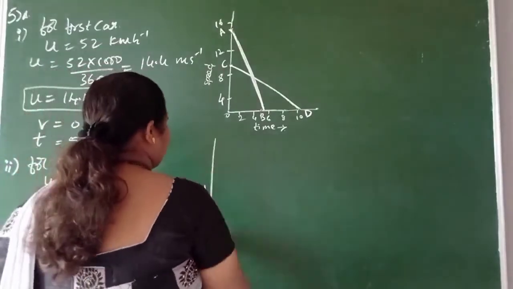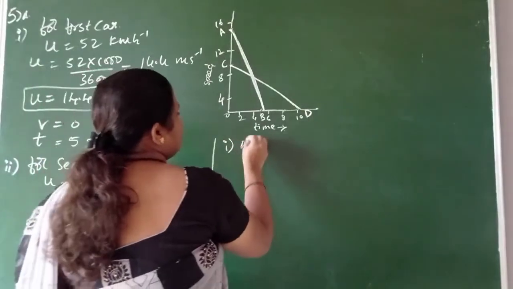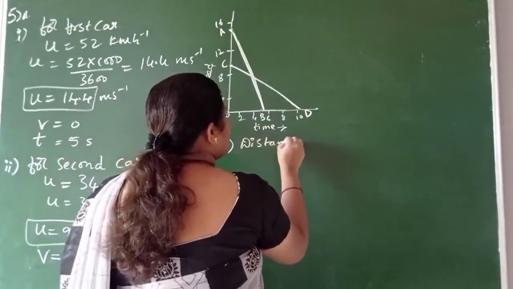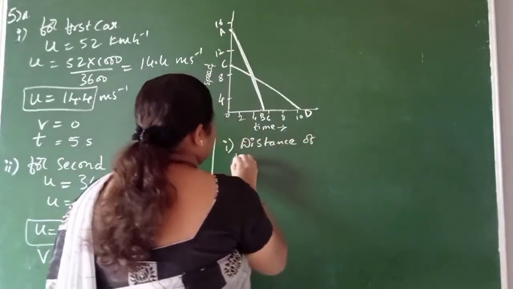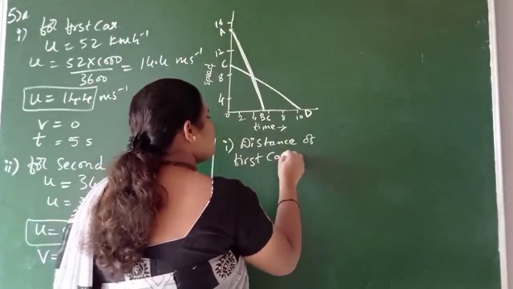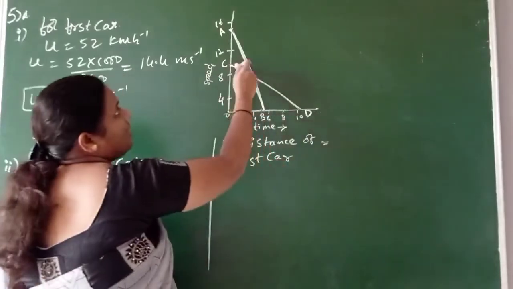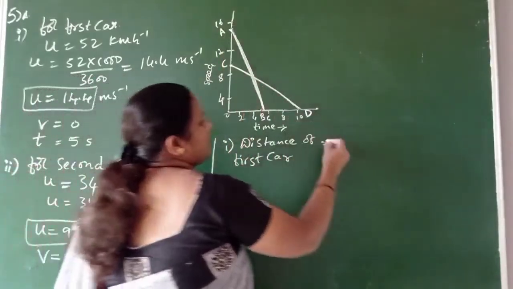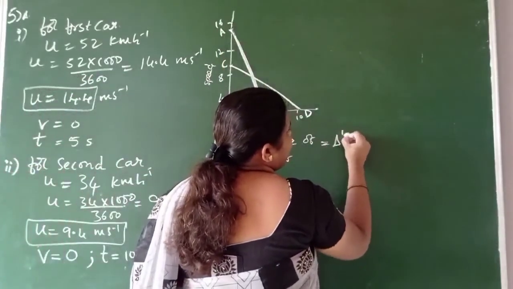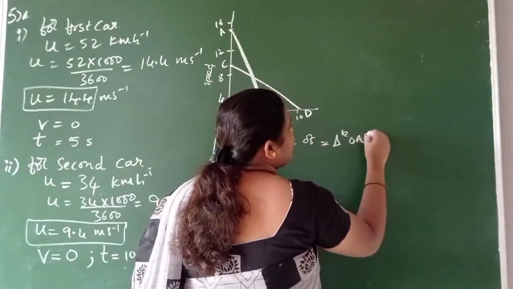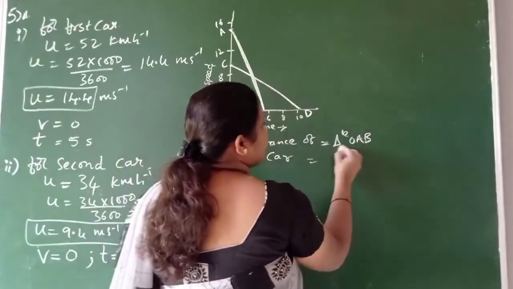First, the distance of the first car is found from the area of triangle OAB, children. So what is the formula for the area of a triangle?